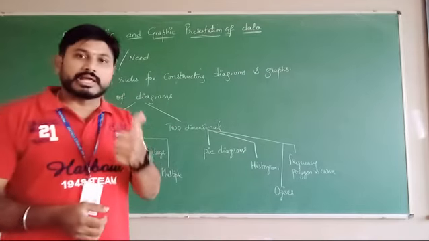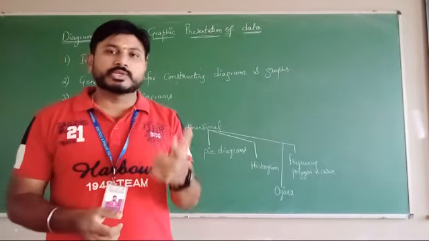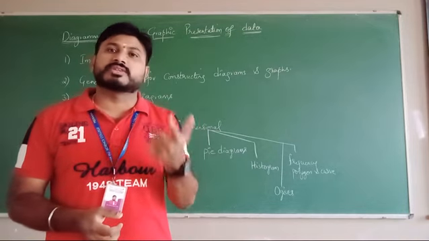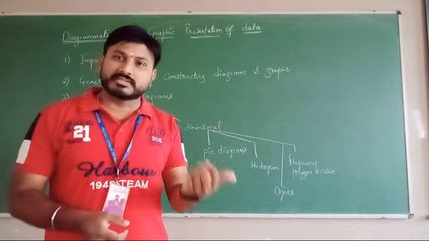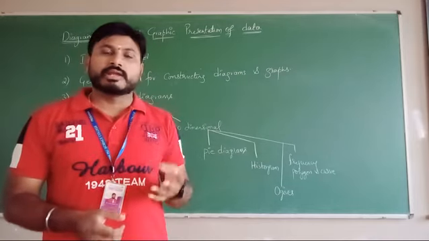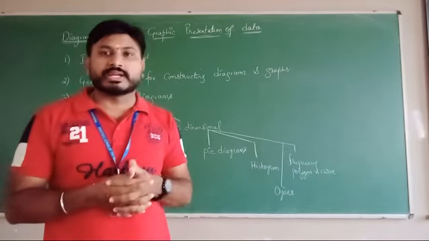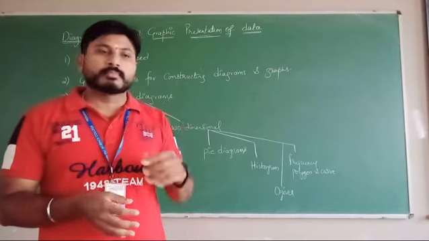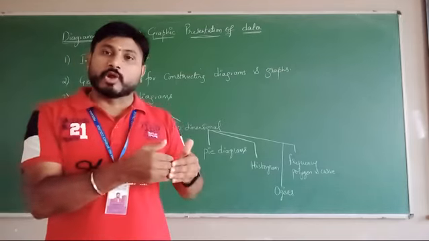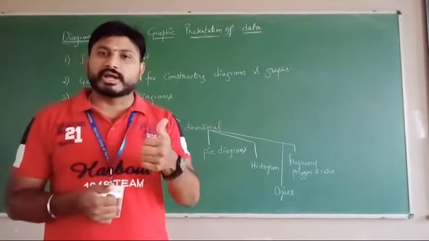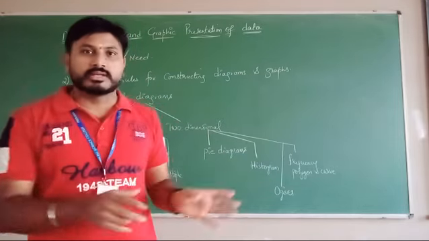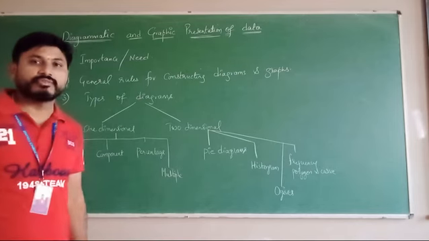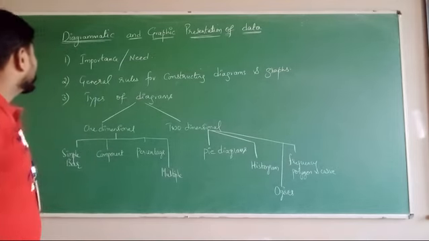Point one, they are attractive and very much used in magazines, newspapers, journals, etc. Point two, it facilitates comparisons. Point three, it gives a bird's eye view of the data. Point four, it can be remembered for a longer period of time. Point five, it is understood by a layman, a common man. Clear, guys? So these are the five needs of diagrams and graphs.